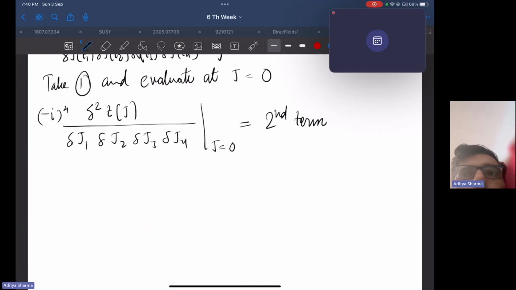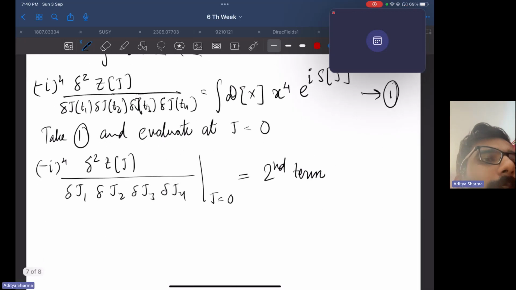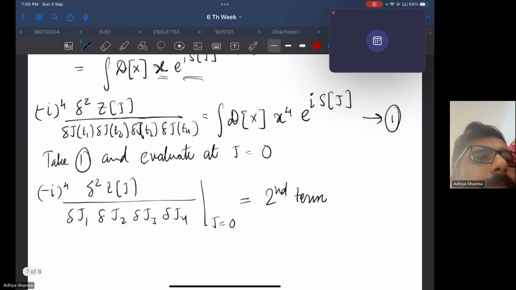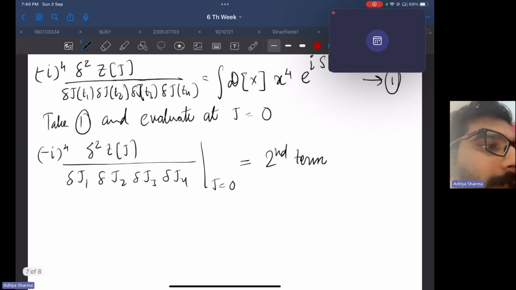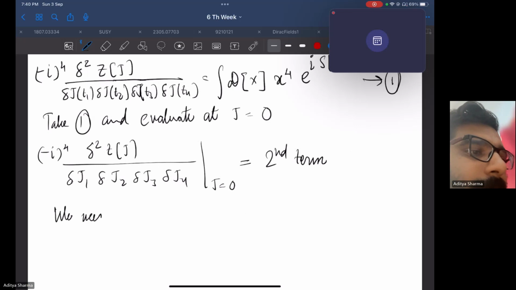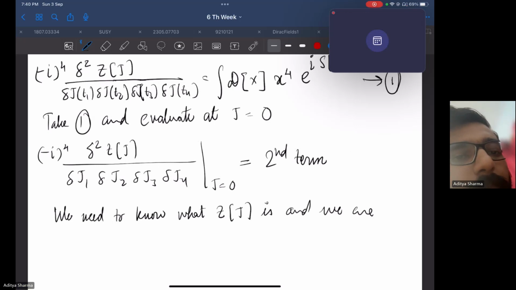So this is how we are going to find different terms. And we just need to know at first what this quantity is, what z of j is. And we are done. This is not so easy every time, but for some cases it might be easy.